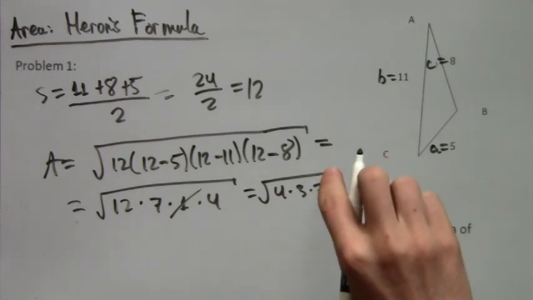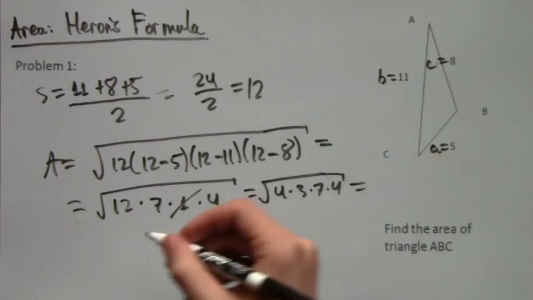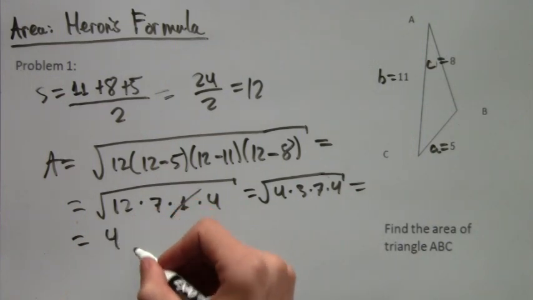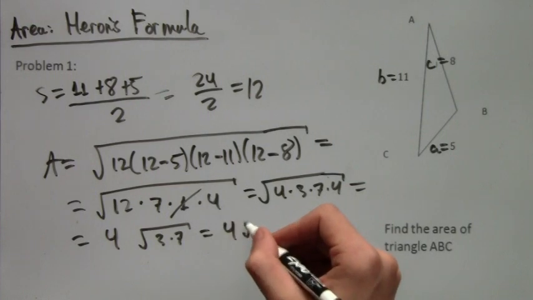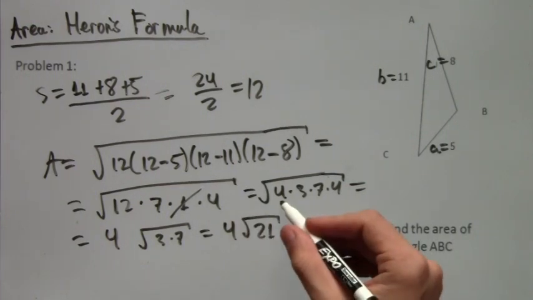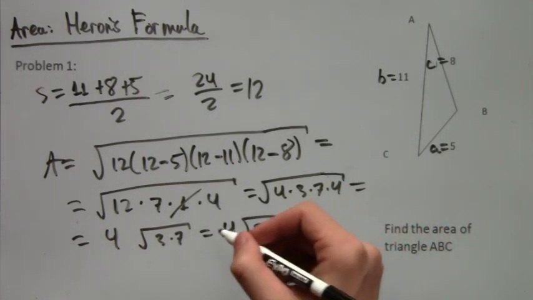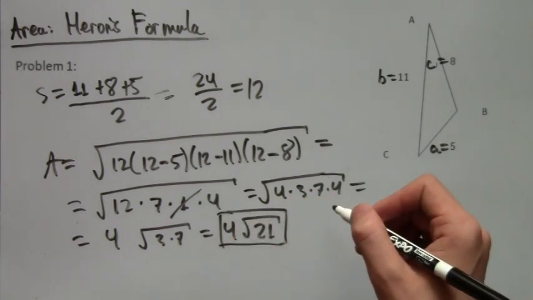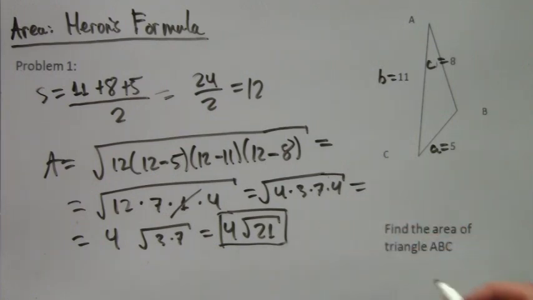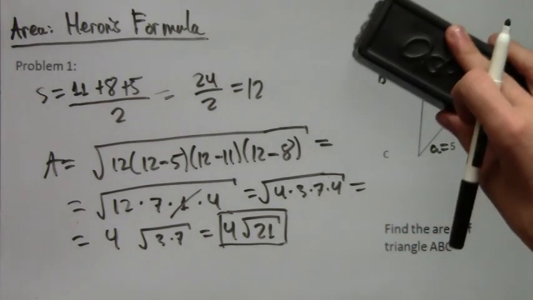So I factored out another 4 from the 12. And this simplifies to, since there's 2 4s inside the square root, we can pull one of them out and we get 4 root 3 times 7, or 4 root 21. So this is in simplified radical form. Alright, so the area is 4 root 21. Let's move on to another example.